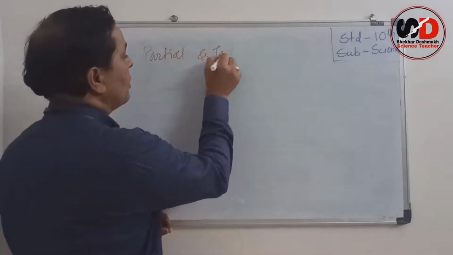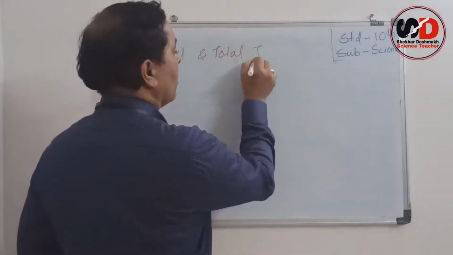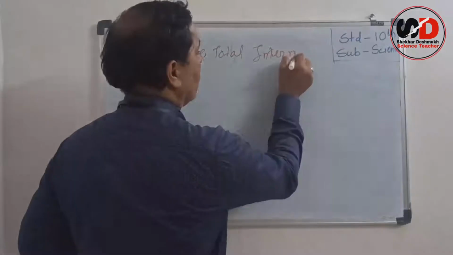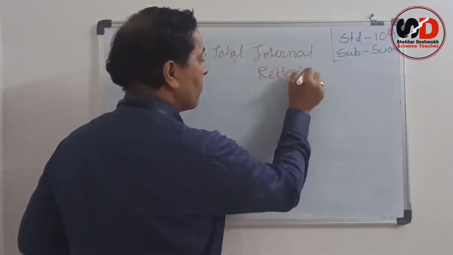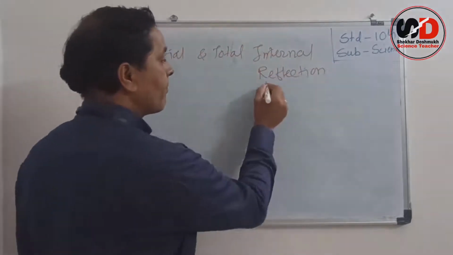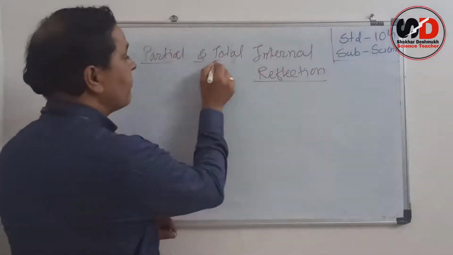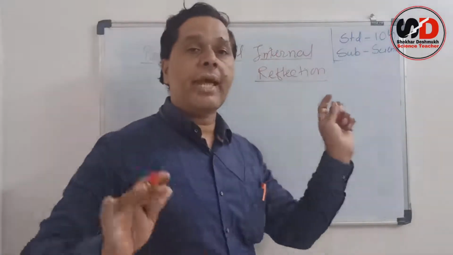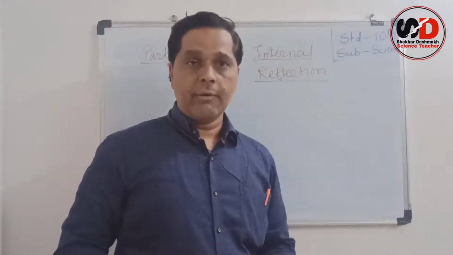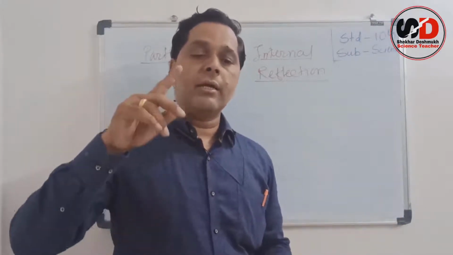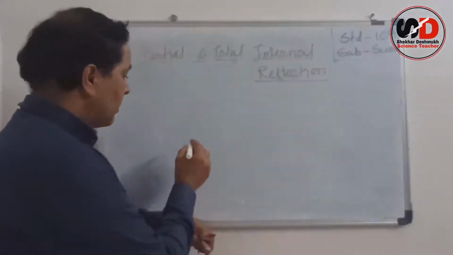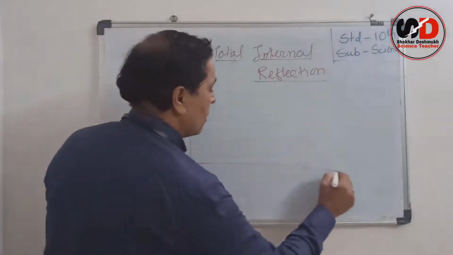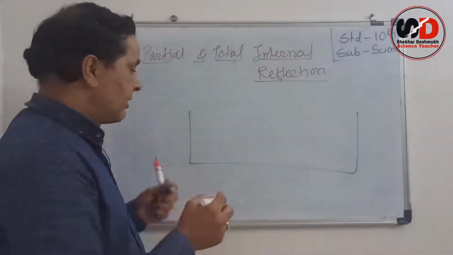Here the word is reflection and not refraction. It is total internal reflection. What is it? Suppose this diagram is given.